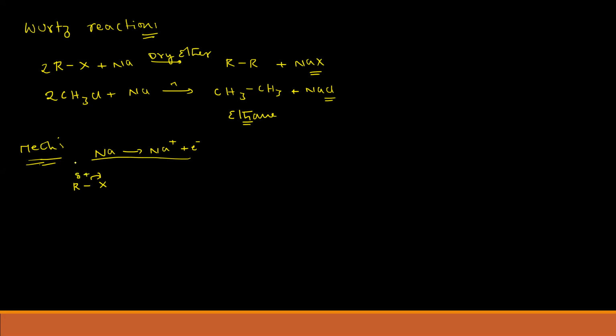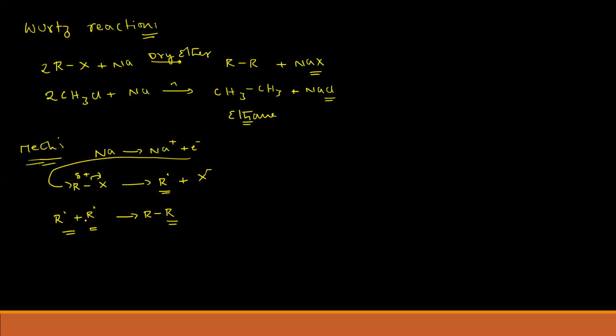The electron is donated to the alkyl group, and we get an intermediate like this, R. Two such intermediates combine, which is termination, to form a higher alkane. This is simple.